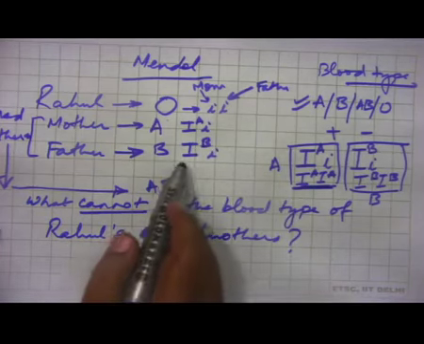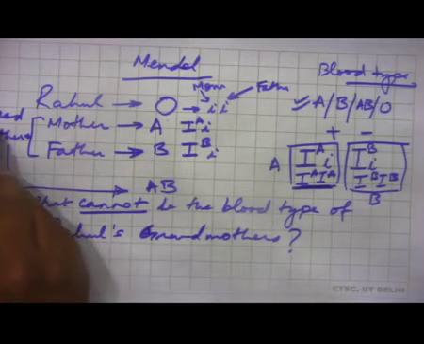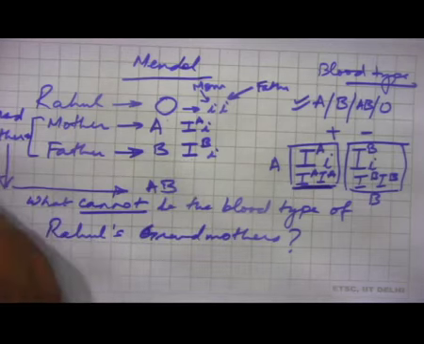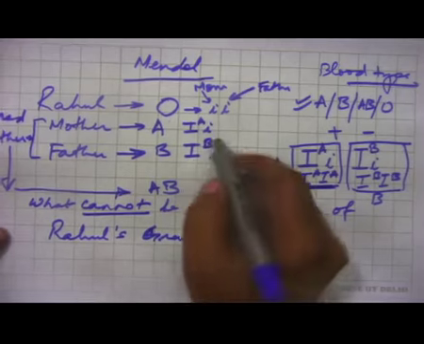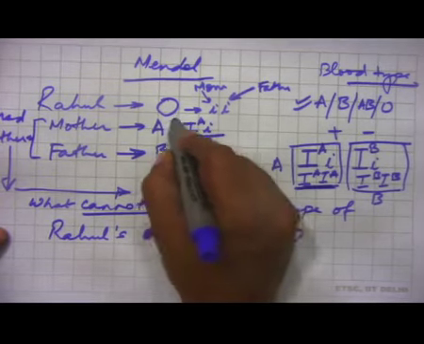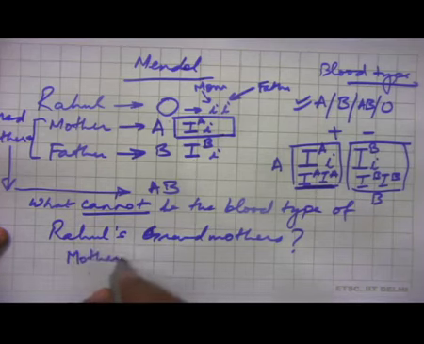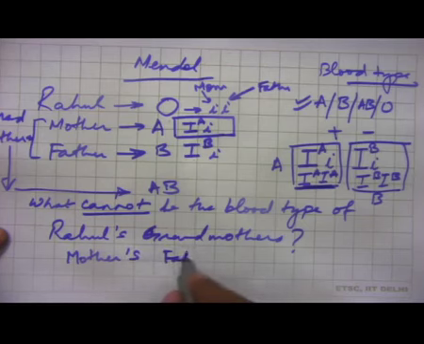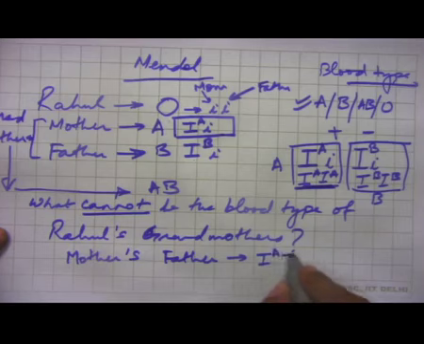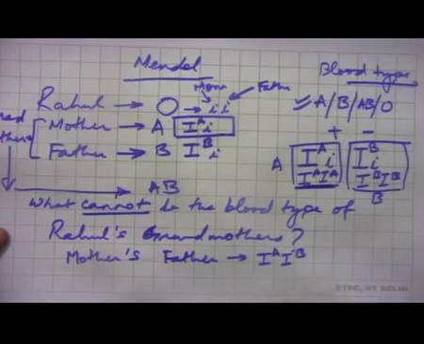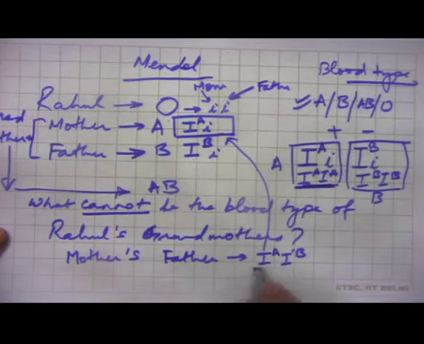Now let us go back to mother's father first and then father's father. Mother's father was AB, that means mother's father had I A I B, and the mother got the A from the father.